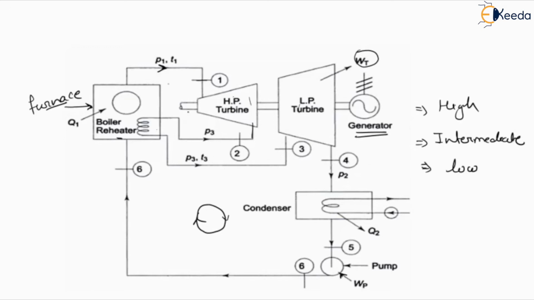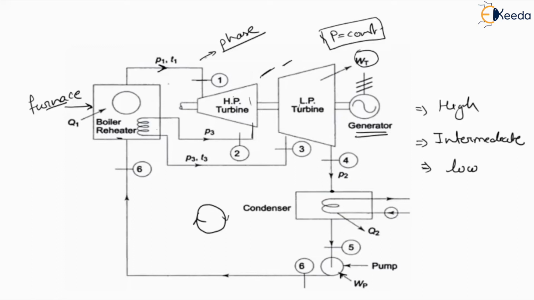So temperature here we are trying to improve or increase. But here you have to remember, during every phase change, the pressure will be constant. Temperature will be variable, but pressure will be constant every time. During heat addition and heat rejection, temperature will be constant, but pressure will be constant at each and every phase change. So this is all about the reheat cycle, where we are getting three pressures: high, intermediate and low pressure.